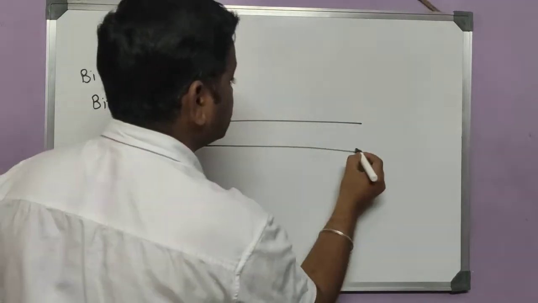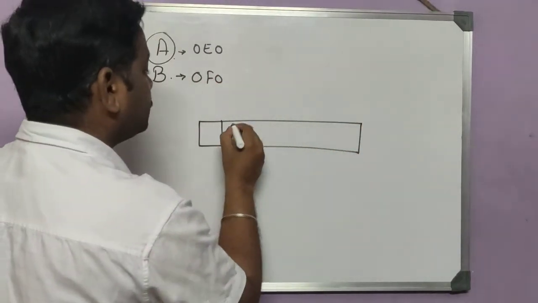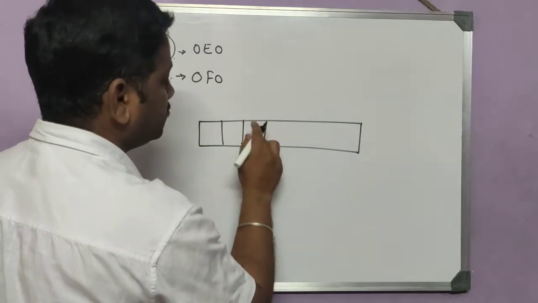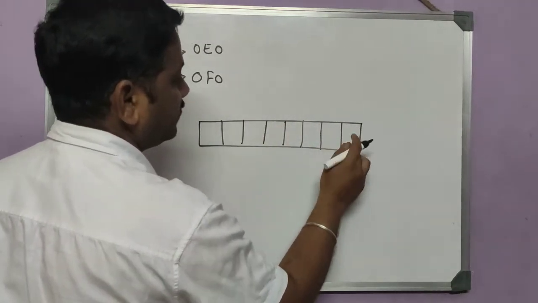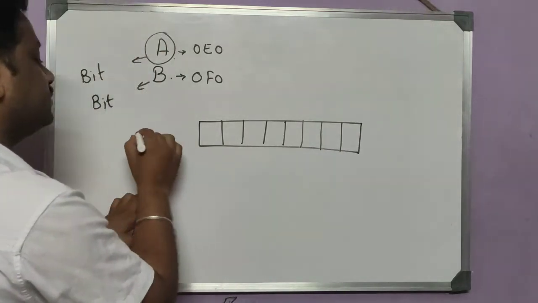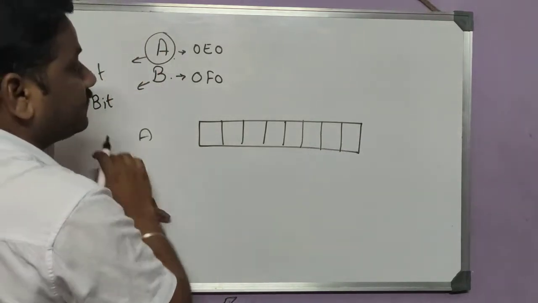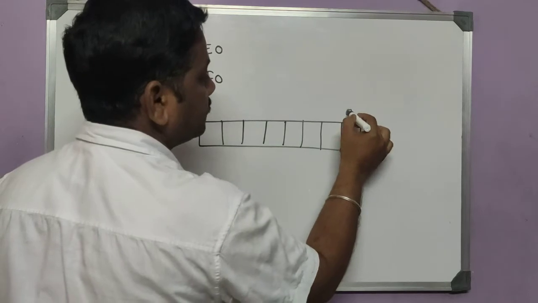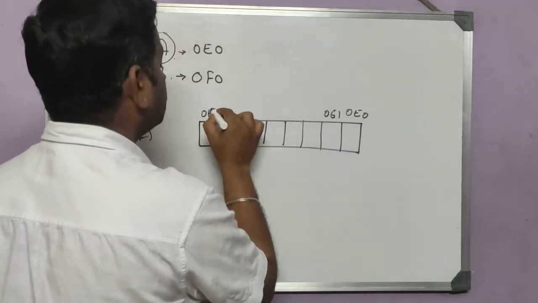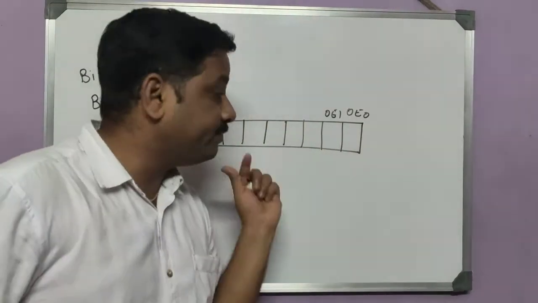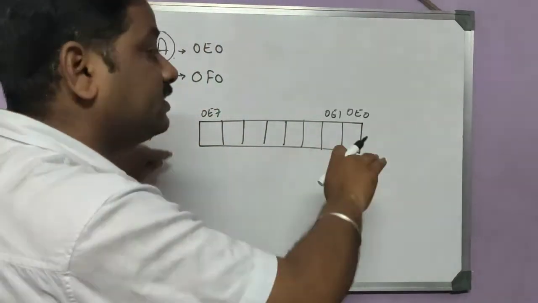Let me take an example here. Say this is 1, 2, 3, 4, 5, 6, 7, 8. These are the 8 bits. Say this is the accumulator, and the address of the accumulator is 0E0. So you start from 0E0, 0E1 up to 0E7. Each bit can be altered without affecting the other bits.